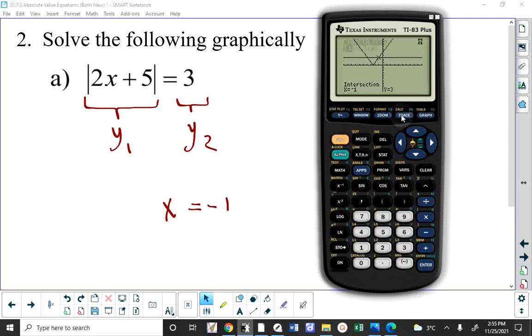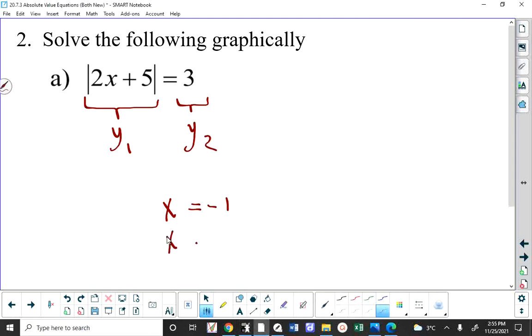Let's do the same thing for the other point. Intersect. You just have to nudge your calculator and remind it that we're after the other point, so you go closer to it. And the other point is -4. Now, do you need to check these? No, because they do cross.